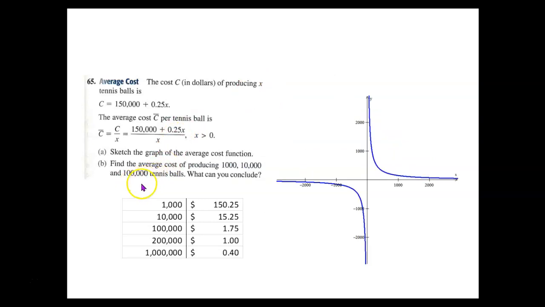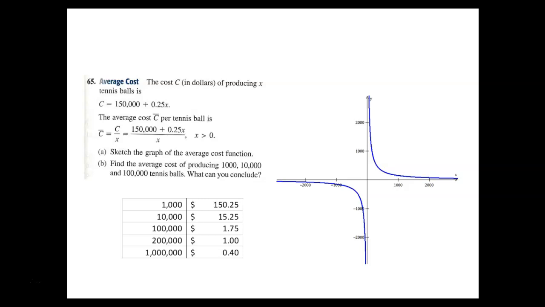In particular, if we take this function and plug in 1,000 for x, what we get out is 150.25, which means that if we make 1,000 tennis balls, the average cost per tennis ball is $150.25. That's not really sustainable. You're not going to make much money if you have to spend $150.25 per tennis ball.